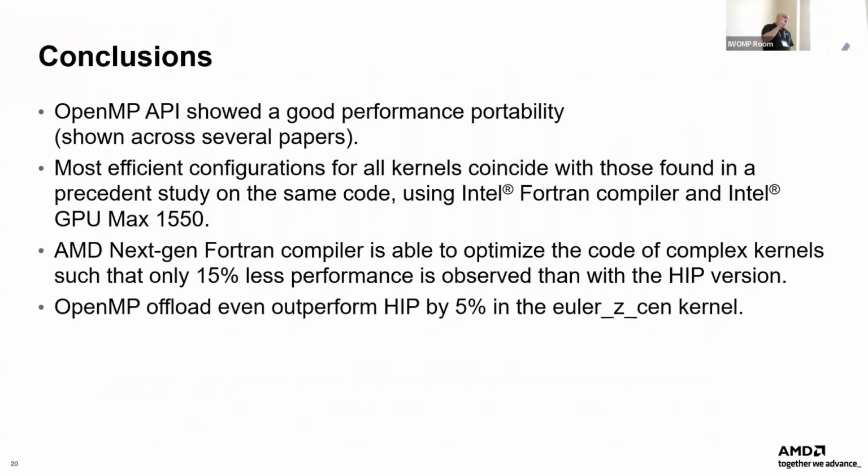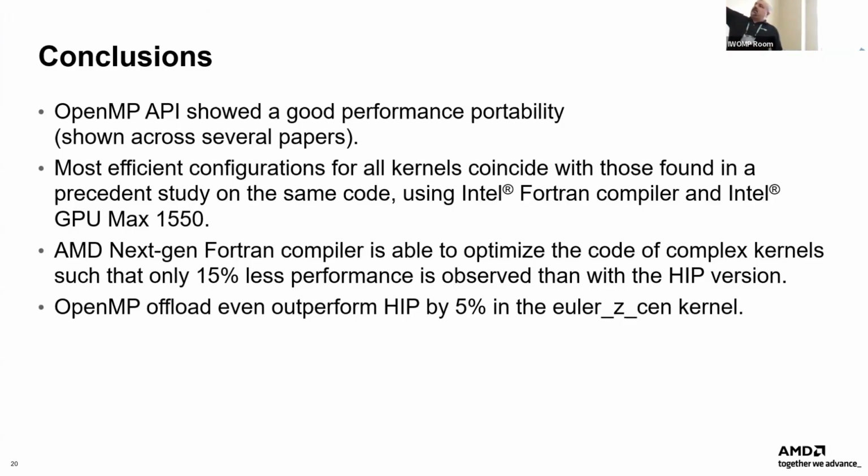Okay, so in this trail of papers that have been written together with Chinica by various vendors, OpenMP has shown good performance portability across several of those papers, right? So there is some portability that you can get, not only from a functional perspective, but also from a performance perspective.